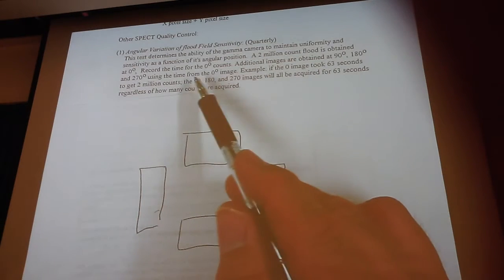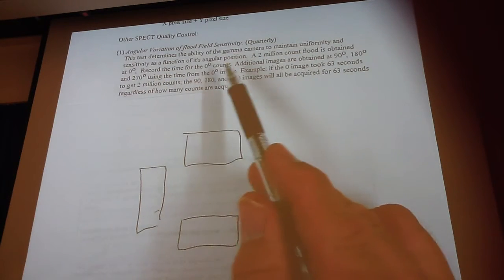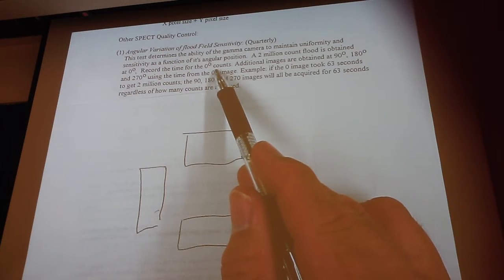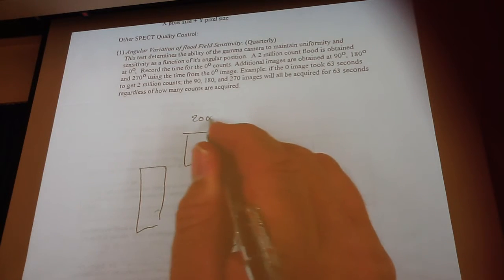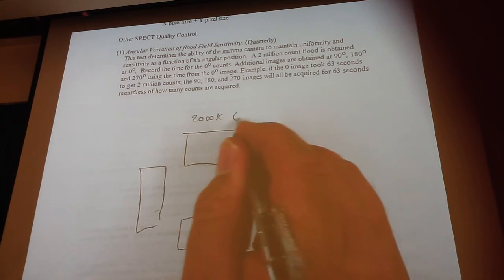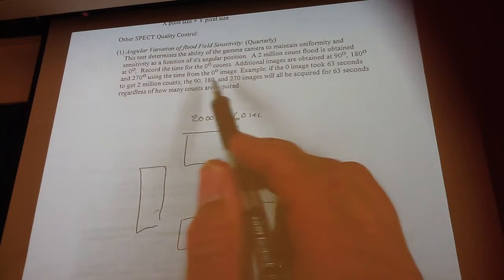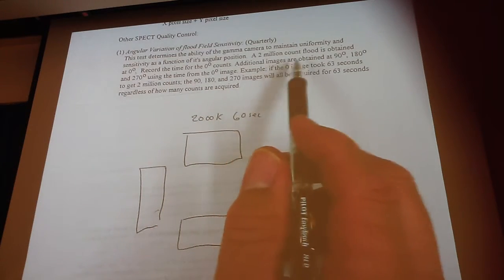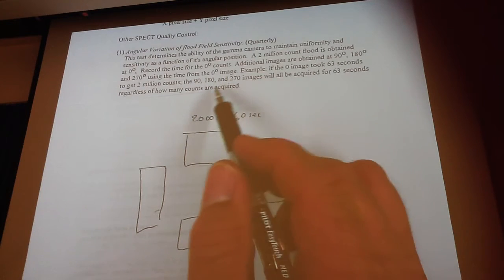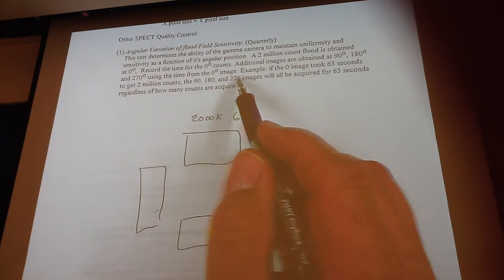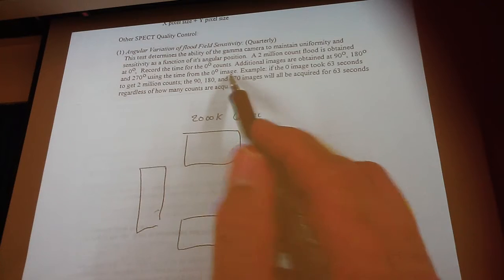2 million count flood retained at 0. Record the time for the counts. So 2 million counts, and let's say 2000 K, let's say it took 60 seconds to do that. Additional images retained at 90, 180, and 270 using the time from the 0 image count.